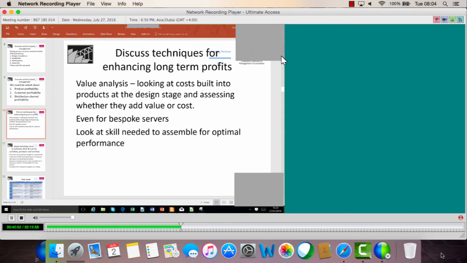In other words, enabling us to charge a higher price than it costs us, and they're not simply adding to our costs. That's the first type of value analysis.